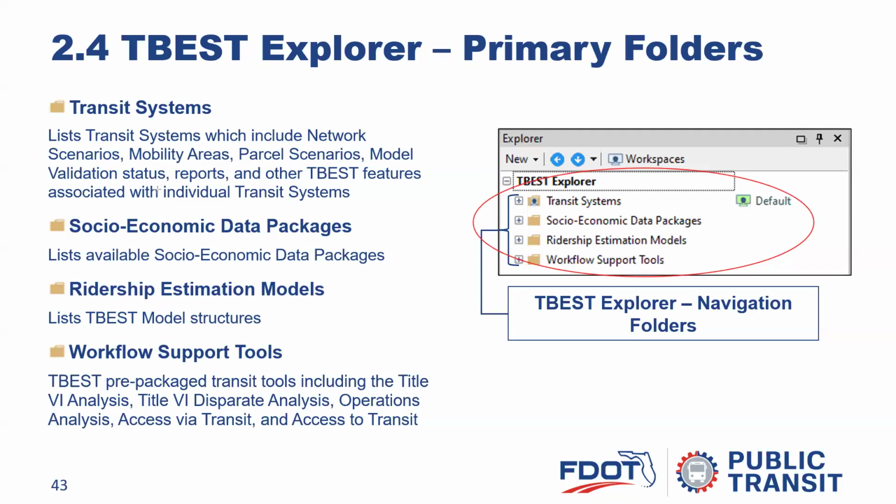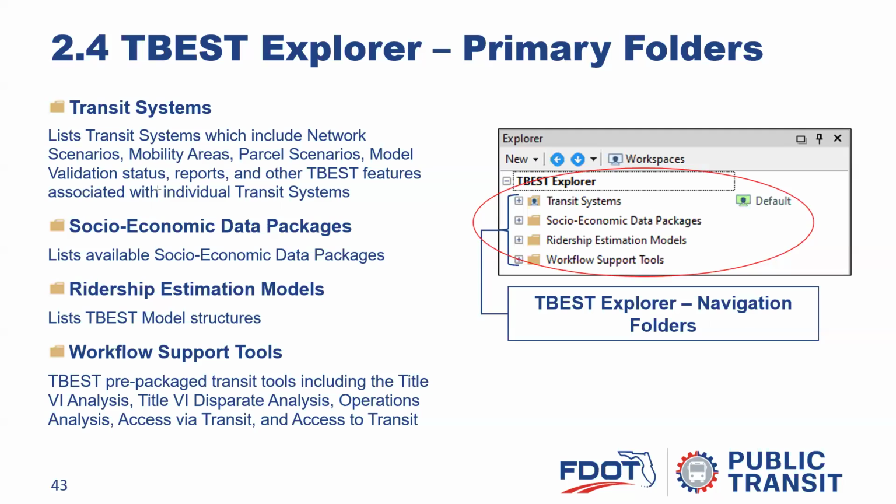And finally, we have workflow support tools, which are pre-packaged transit tools, including Title VI analysis, Title VI disparate analysis, operations analysis, access via transit and to transit. All of those are tool sets which are basically all wizard driven.